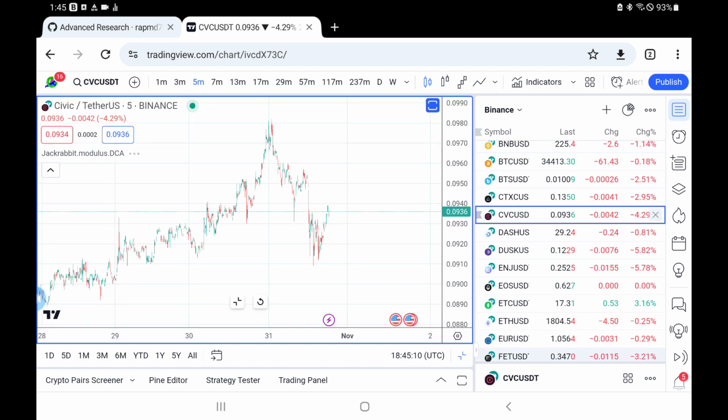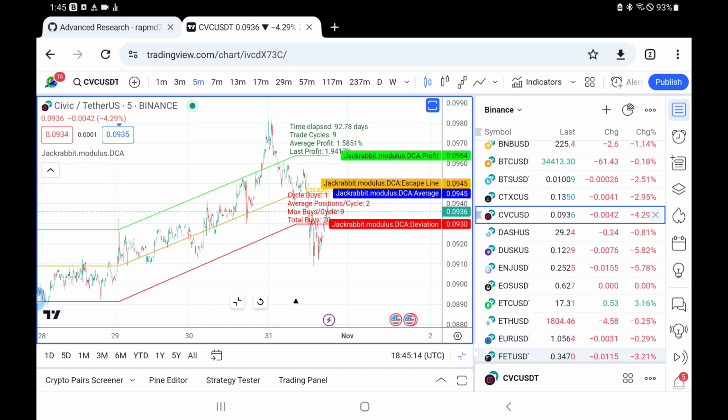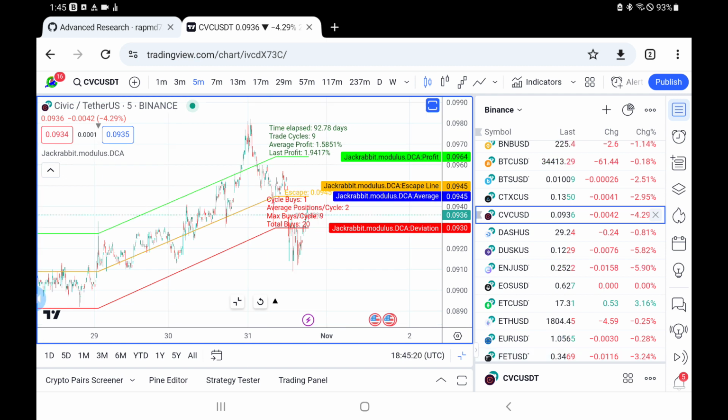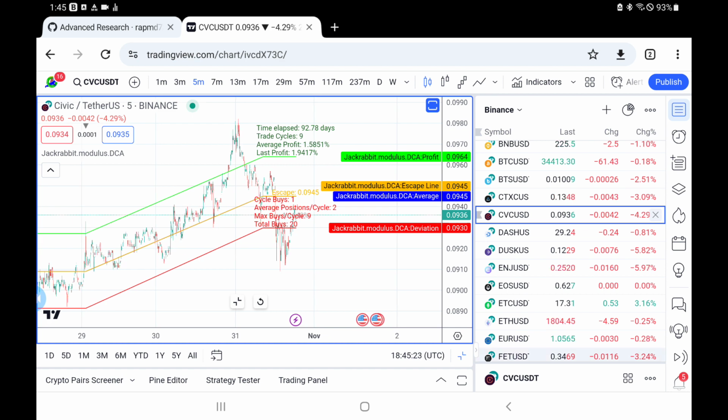And Civic. This asset has had a wild ride and is difficult to trade. But 9 completed trade cycles with this recipe. And it has a very limited amount of exposure, but you want to be aware that the max number of positions that this one picked up is 9 for one cycle.